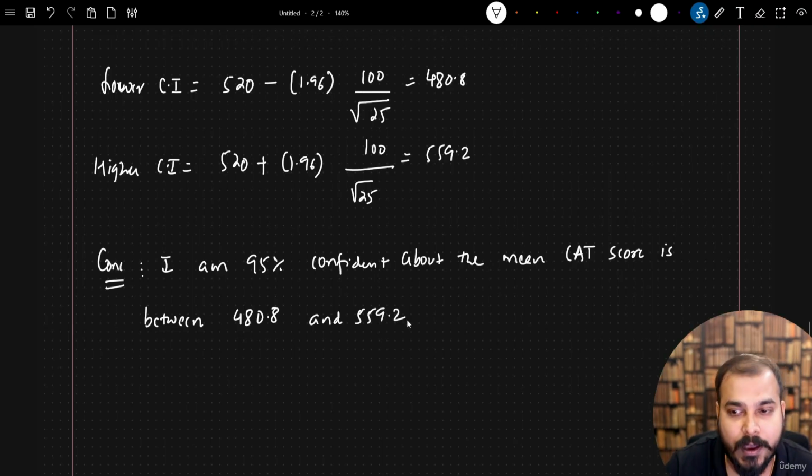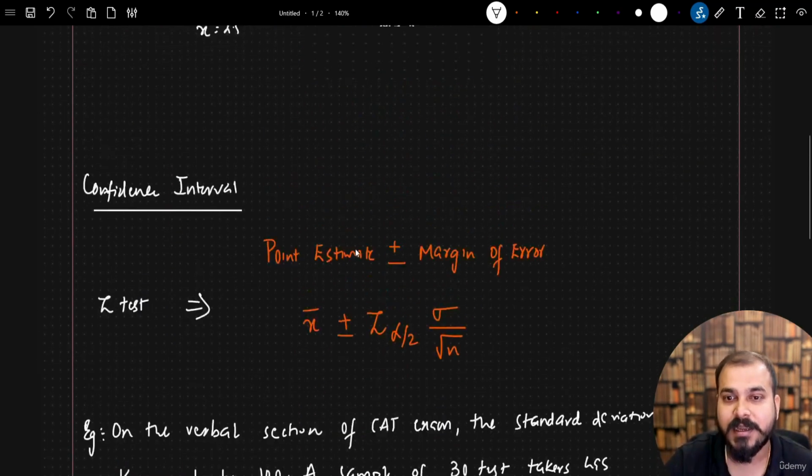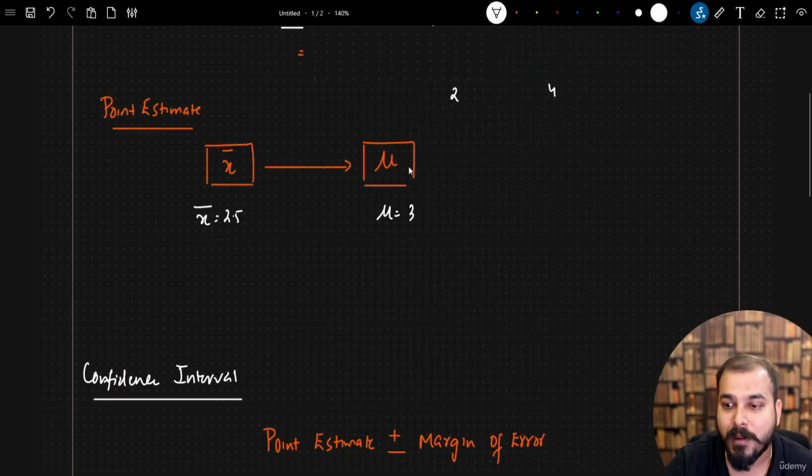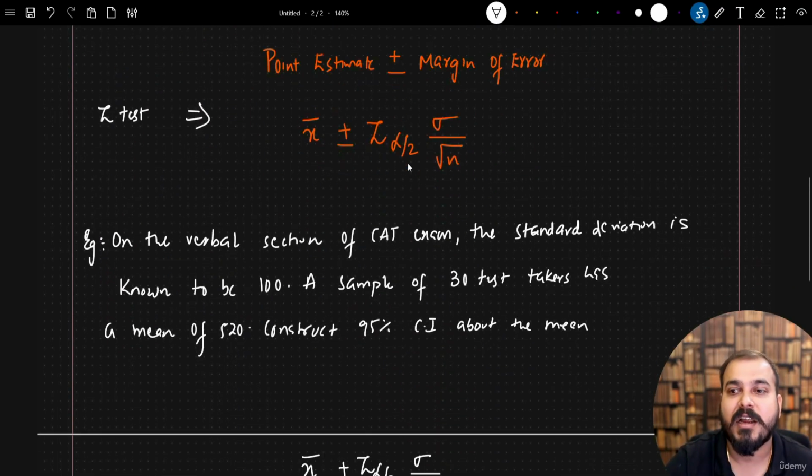I hope you are able to understand this from using the confidence interval and margin of error. This specifically is the margin of error.